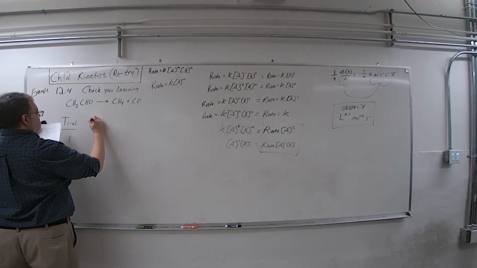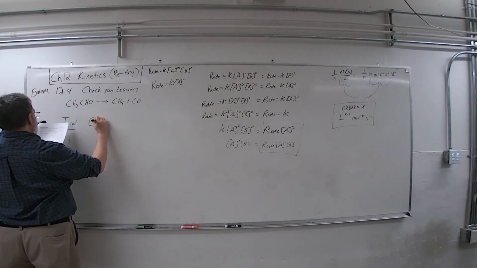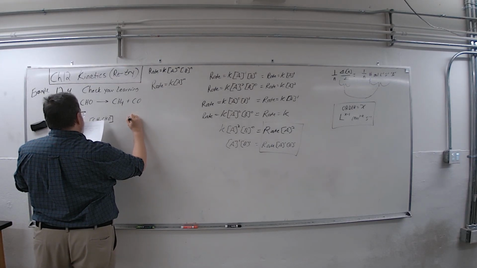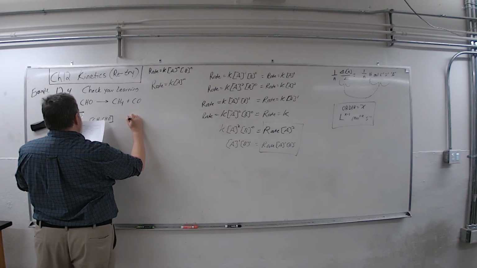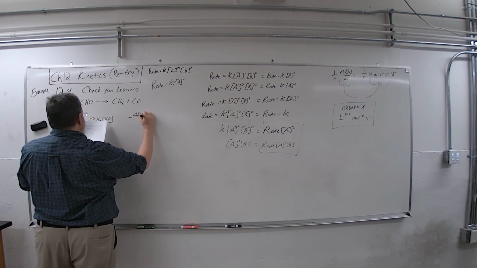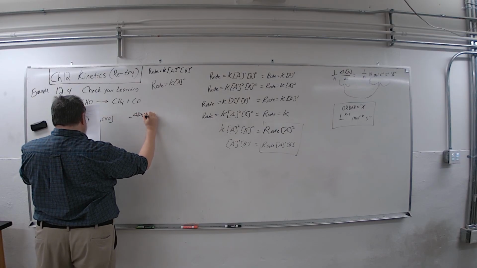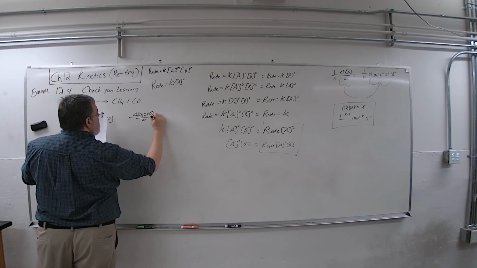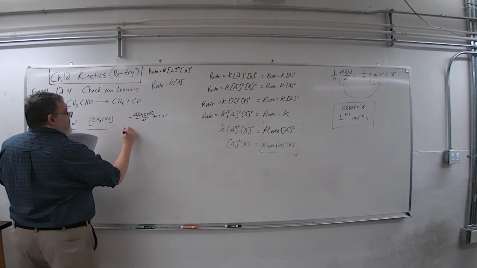So here's what they've got. Concentration of the reactant. And here they have the rate for the reactant. It kind of doesn't matter what's here, but it's going to be a rate. They've written it like this, but just think rate.